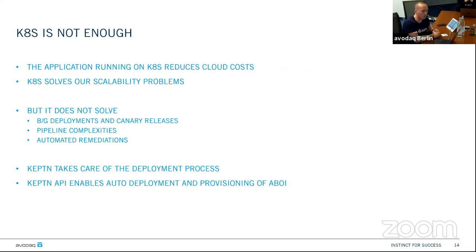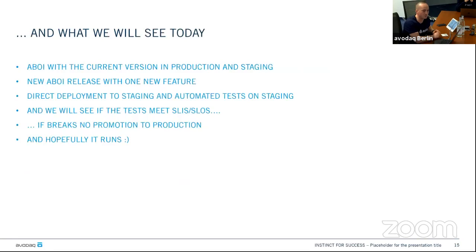At one Perform event in Singapore, I was in contact with Andy Grabner, and he said, maybe we have a solution for this. This was the informal kickoff for the aBOI project to run on Kubernetes managed by Keptn. And what we want to show you today is that we actually implemented this.